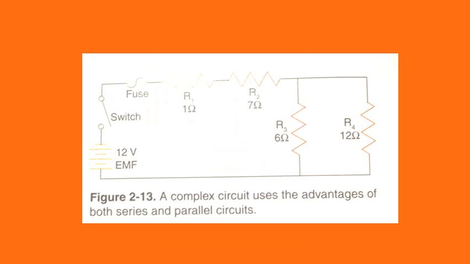Now use the resistance information from the circuit in figure 2-12. Find a common denominator, and we get RT, or resistance total, equals 10 ohms. You can review these by rewinding the video or by looking at the lesson in your text.